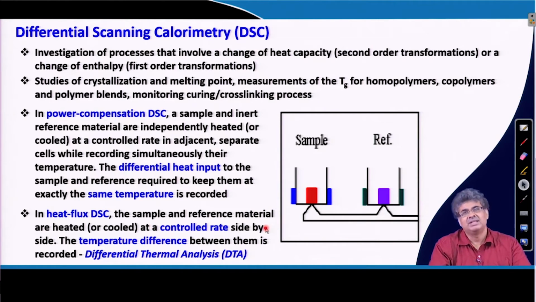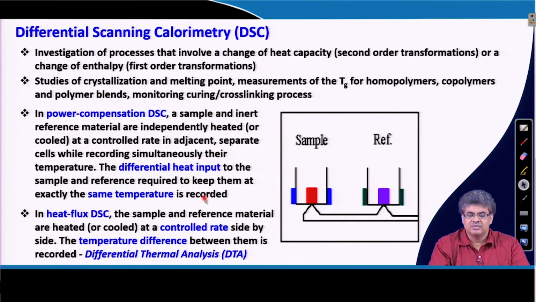So, if any exothermic or endothermic event happens, there will be a deviation of this temperature difference between reference and the sample. This method is generally also referred to as differential thermal analysis or DTA.